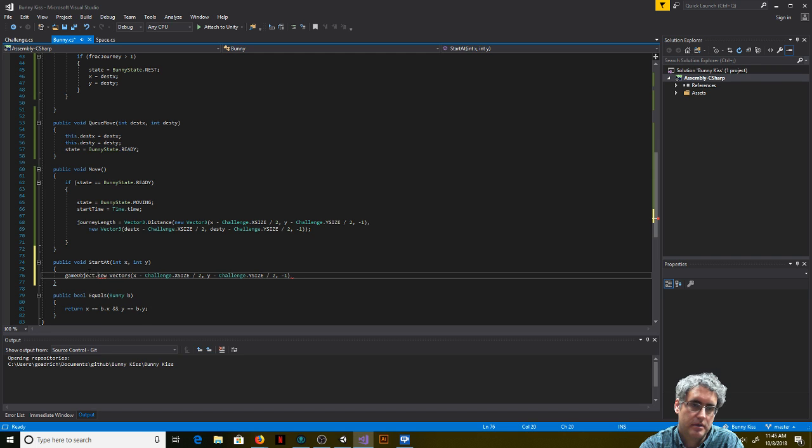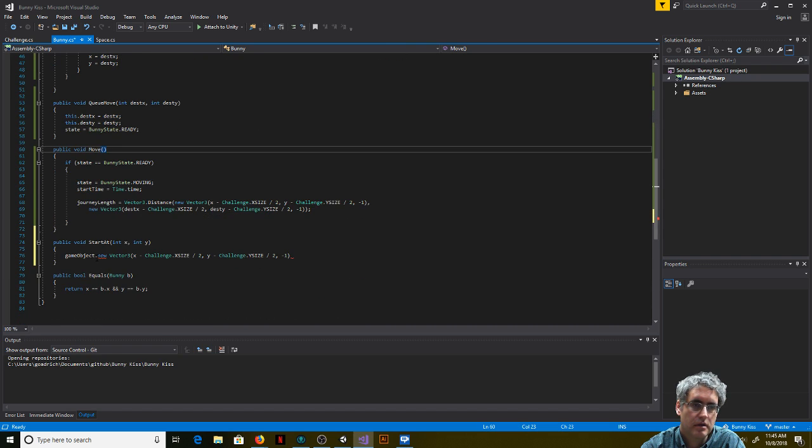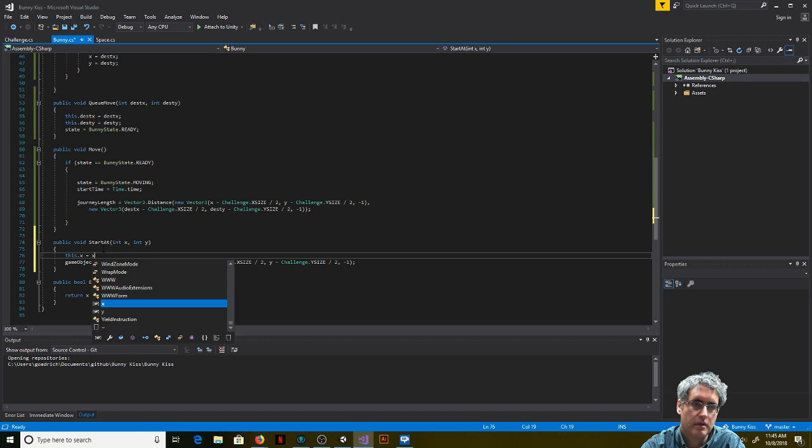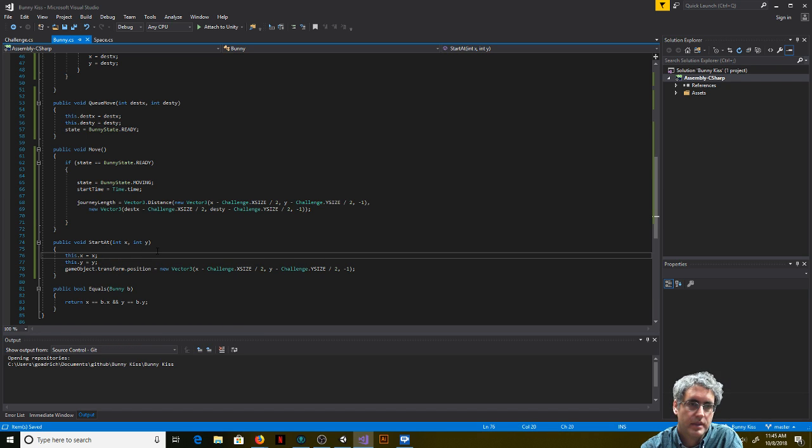Game object dot position equals, just immediately go there.